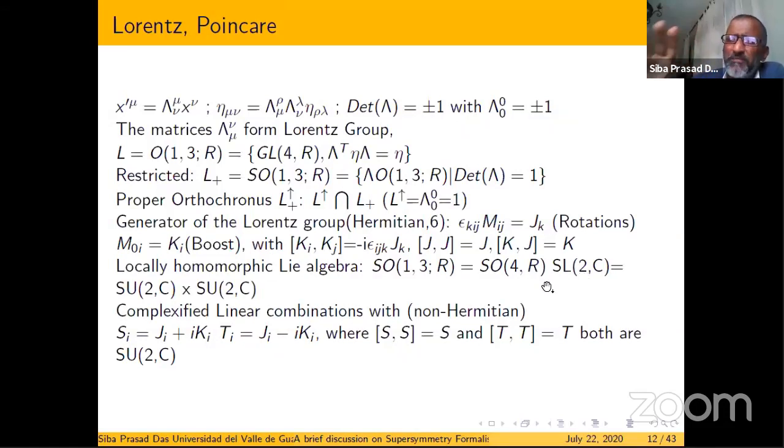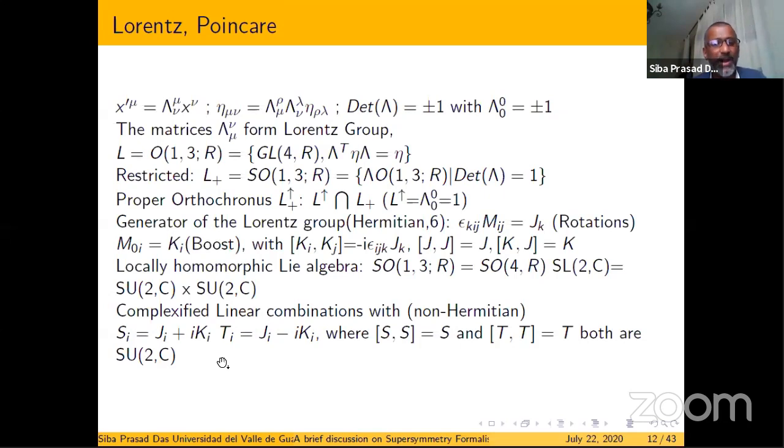The Lorentz group, you can also complexify. Whenever you complexify, the dimension will be reduced, and this gives me the SL(2,C). And you will see that whenever I go for the SL(2,C), I start with the Lorentz generator, which is the rotation and the boost. So when I complexify, I make another linear combination.